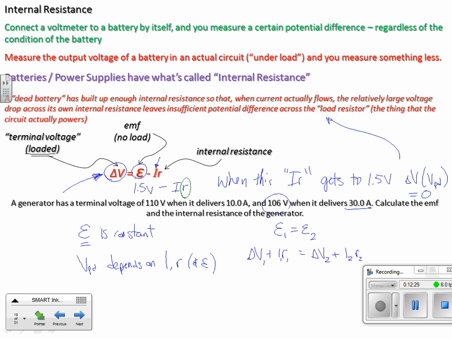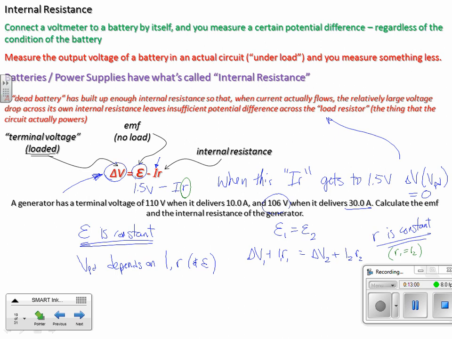Now, what we're looking for is the EMF and the internal resistance. Well, notice here, E is constant, and in a certain state, this generator has a certain internal resistance. That doesn't depend on current. It doesn't depend on EMF. So we can really say that R1 is R2.